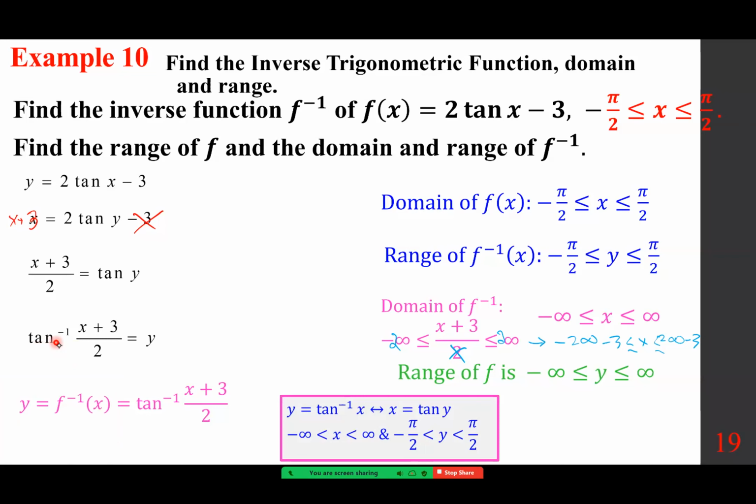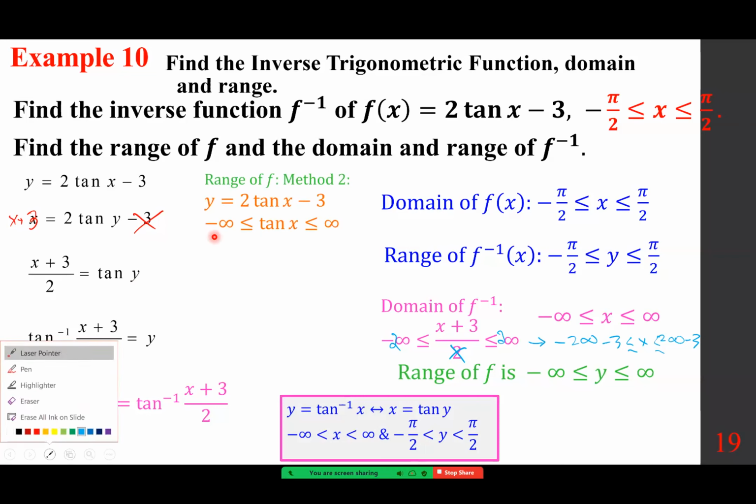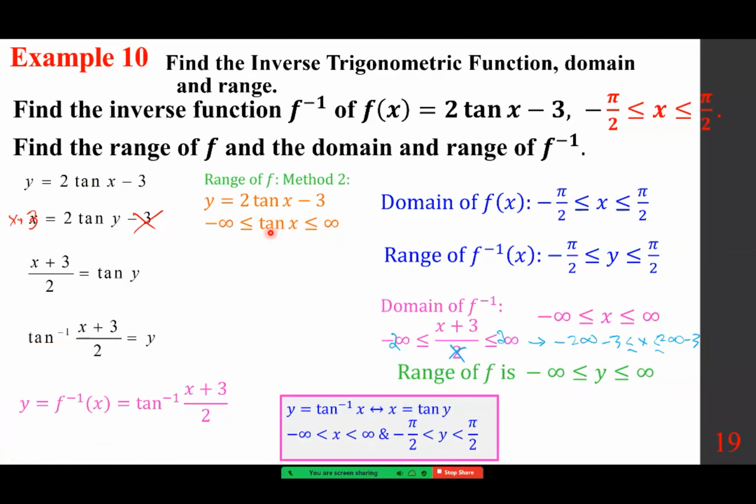So if I want to give you the second method quickly: 2 tan x minus 3. We know that tangent is between negative and positive infinity because of the range of tangent itself. So if I multiply this by 2, this is minus 2 infinity, this is positive 2 infinity, and it is the same.